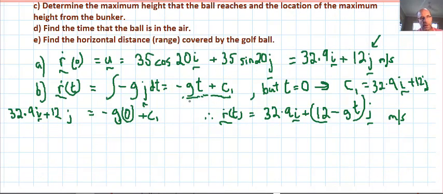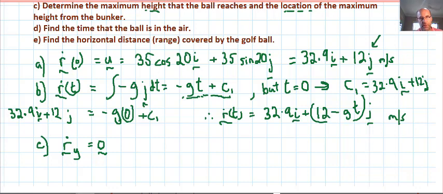Maximum height now, we've got to think about what that means. What's the significance of the maximum height the ball reaches and the location of the maximum height from the bunker? So what is the maximum height and what is its location, where is it in two-dimensional space? What happens when a projectile hits maximum height? The velocity in the y direction will equal 0.